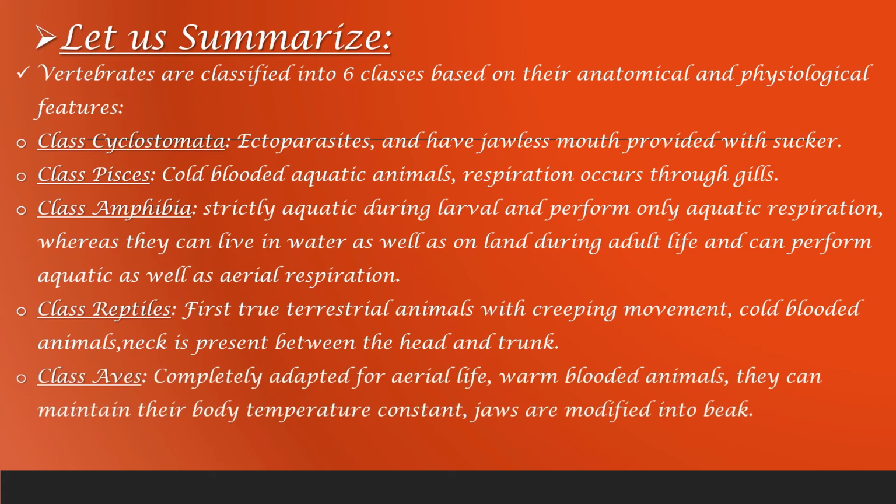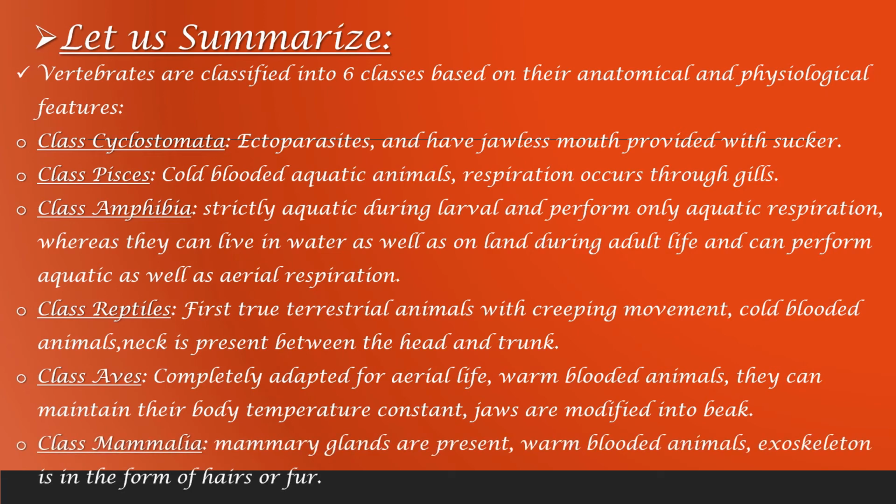They are warm-blooded animals and they can maintain their body temperature constant. Jaws are modified into a beak. And the last class which we studied was class Mammalia. In class Mammalia, mammary glands are present. Animals are warm-blooded and the exoskeleton is in the form of hairs or fur.